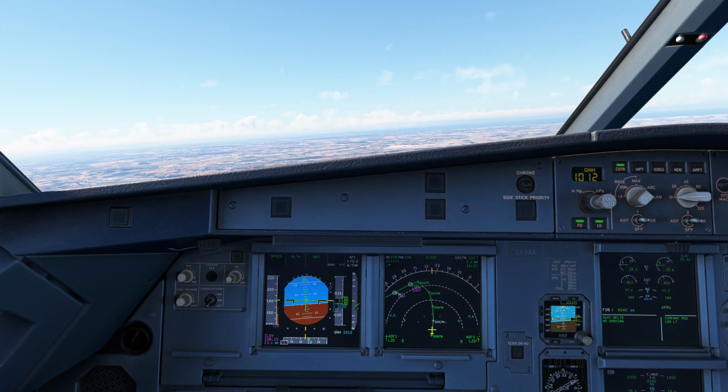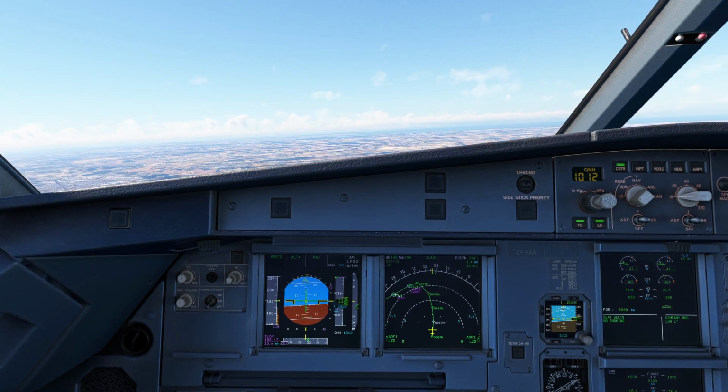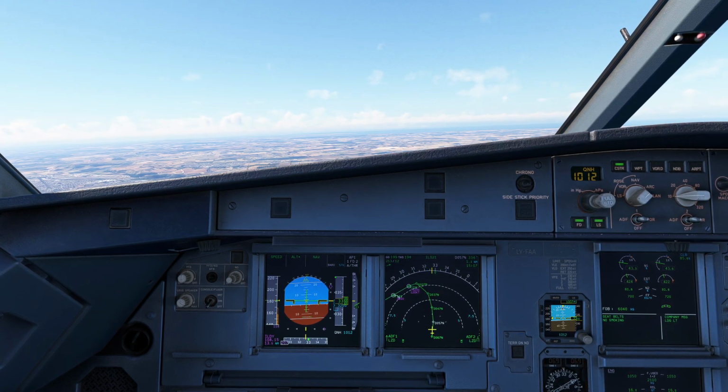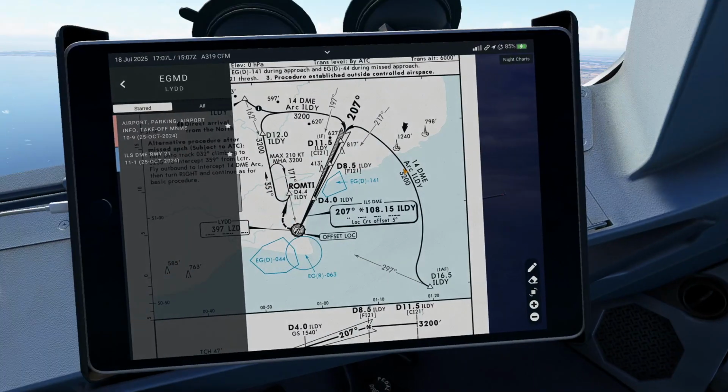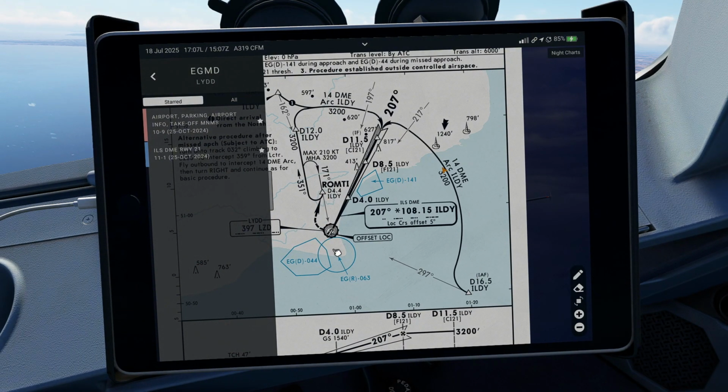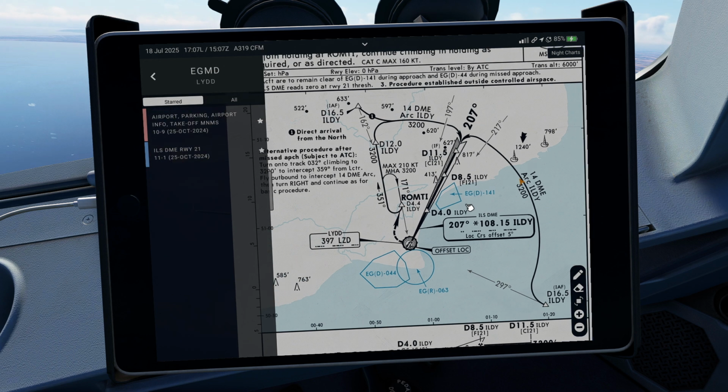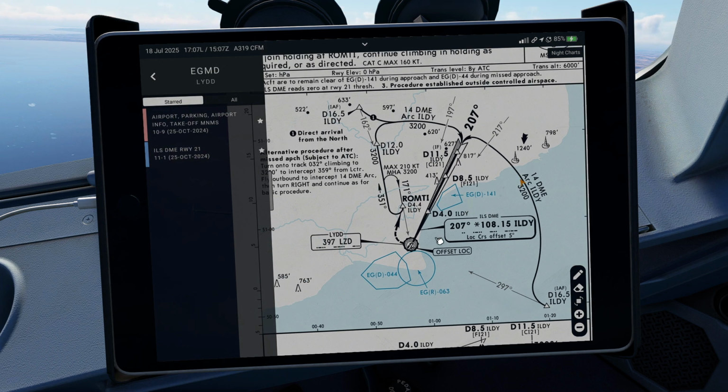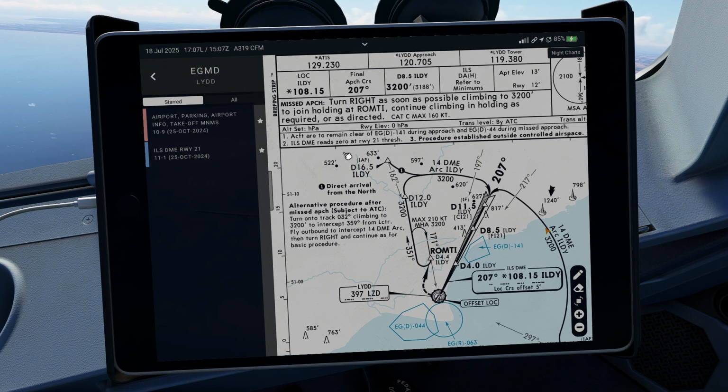If we go through the threat and error management and also items of the day for this airport, you can see that the main objectives are offset localizer, Echo Golf Delta 141 and Echo Golf Delta 044 in the missed approach.